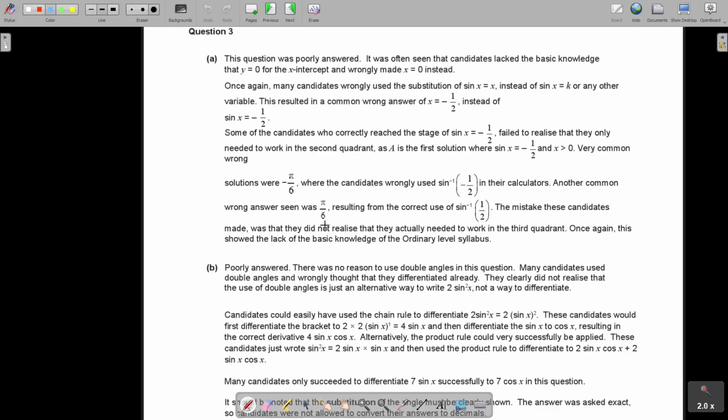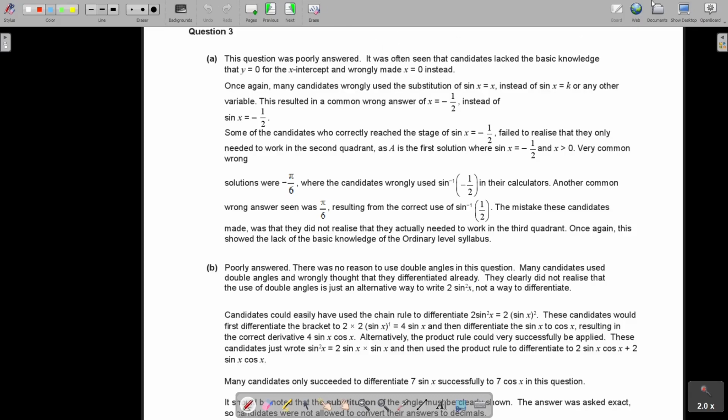No, it was negative sin, resulting from the correct use of sin a half. The mistake, so they just work on the calculator almost. The mistake these candidates made was that they did not realize that they actually needed to work in the third quadrant. Did I show you? Once again, this shows the lack of basic knowledge of the ordinary level syllabus. So you don't work in the second, you must work in the third.